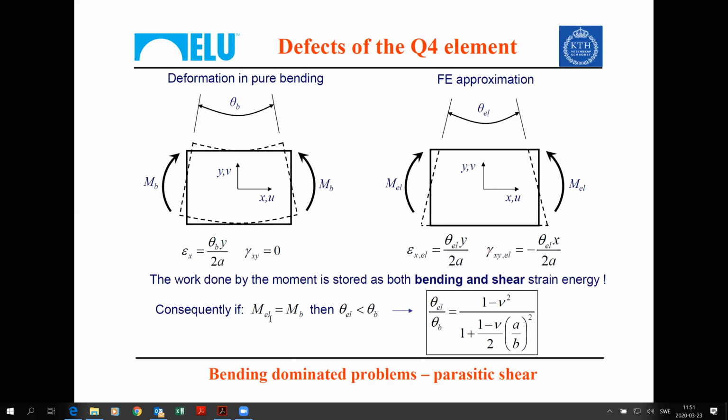For M element to be equal to MB, then theta element needs necessarily to be smaller than theta B. Actually, we can compute this average. And what we see when we compute this ratio, the ratio between theta as resulting from the element analysis and theta as it should be, is 1 minus nu squared divided by 1 plus 1 minus nu divided by 2 times A over B squared.